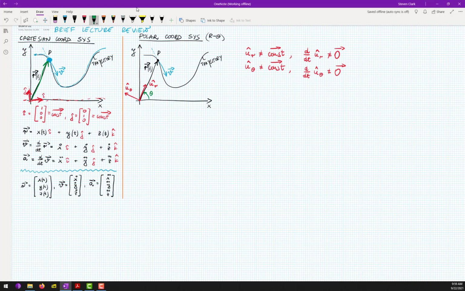And what does it mean to be a constant vector? That means that if I take d/dt of i, I will obtain the zero vector. And the same will happen if I take the first time derivative of j.